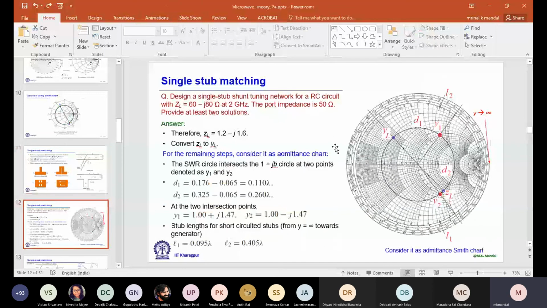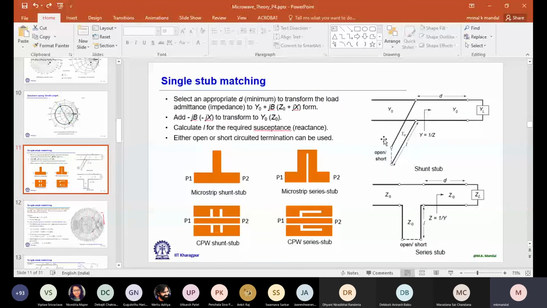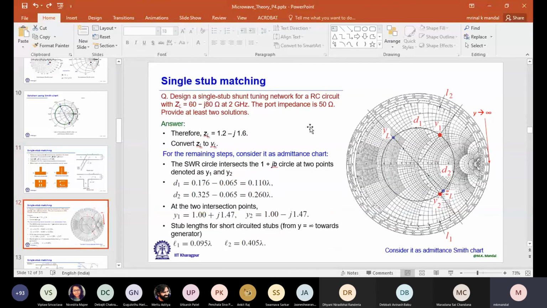Now you can use the impedance Smith chart and admittance Smith chart together, but since we are mostly interested in the Y value, why don't we start from Y directly? Then we don't have to go to the impedance Smith chart at all. So the first problem is that you convert ZL to YL.